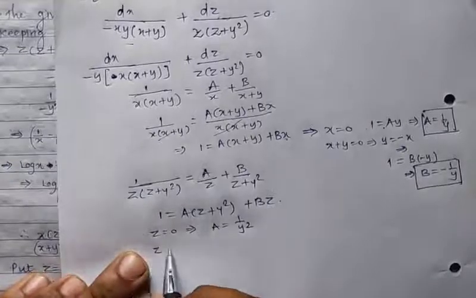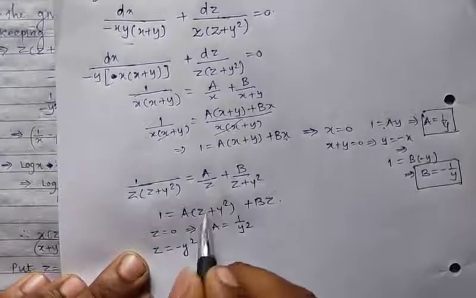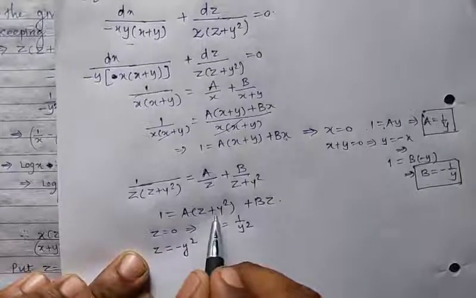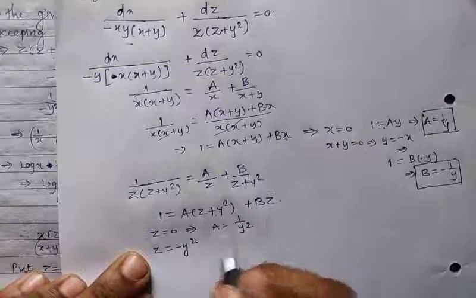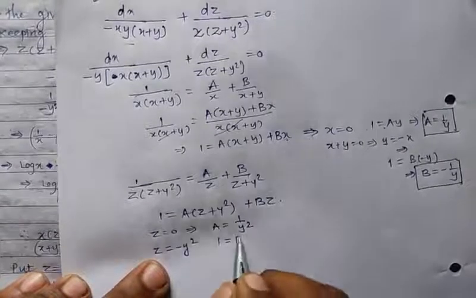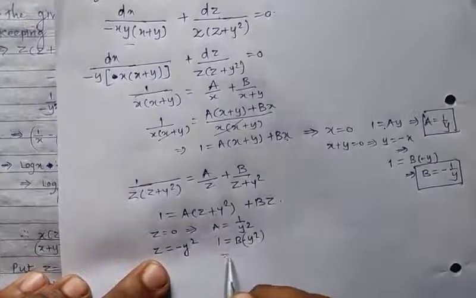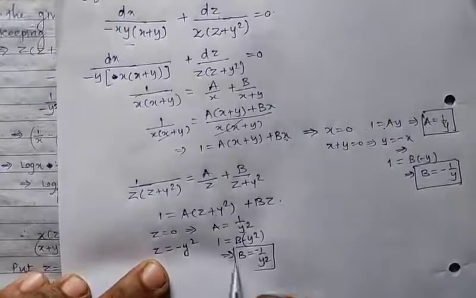If we substitute z equal to −y², then z + y² will be 0, so the coefficient of a is 0. Then 1 is equal to b into (−y²), that implies b is equal to −1 upon y².